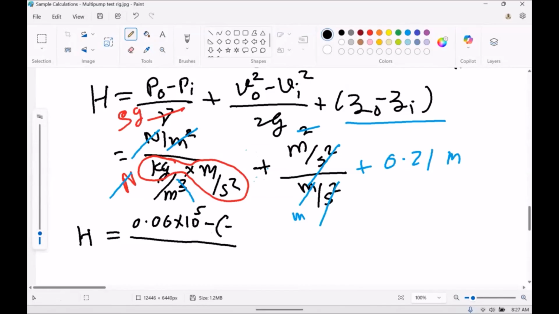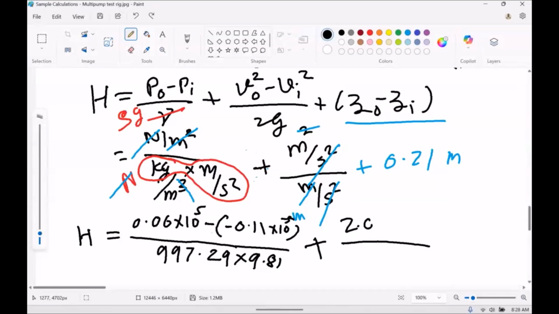Suction pressure, it is given as minus suction. So it is a minus 0.11 into 10 to the power 5, divided by the density of water, which is given as a property, 997.29, and the gravity 9.81.